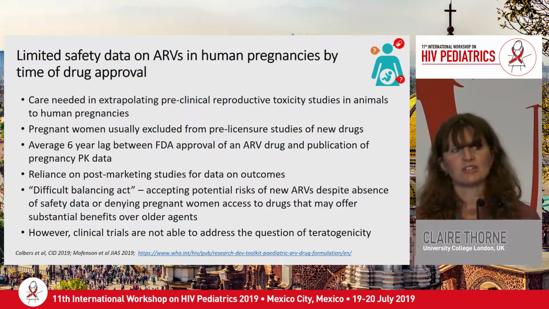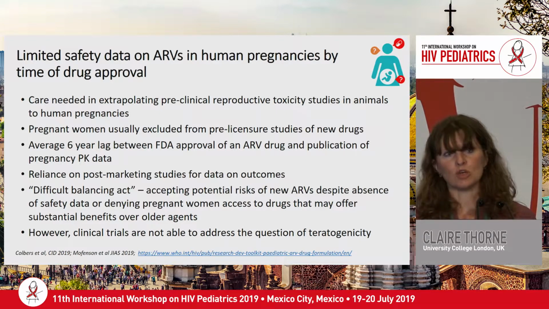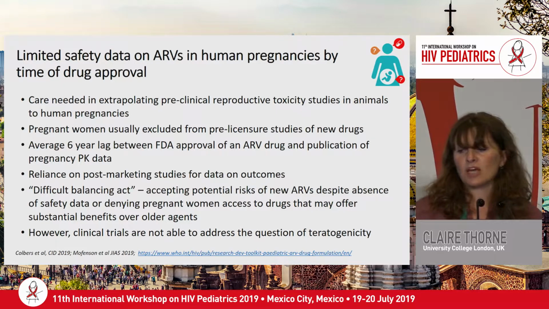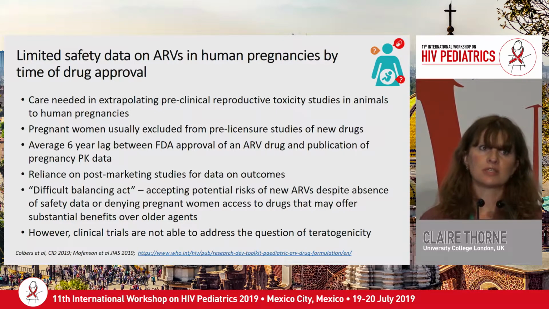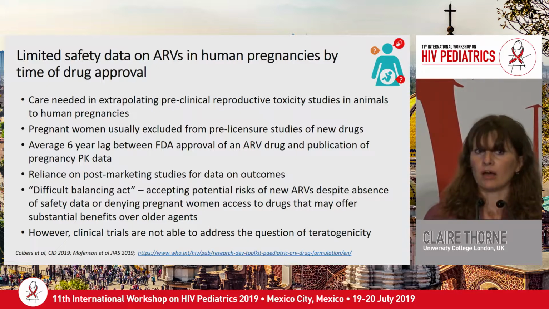This matters because we have limited safety data on ARVs in human pregnancy by the time of drug approval. In terms of the preclinical reproductive toxicity studies in animals, we need to be very careful in extrapolating data from these, because an absence of risk in the animal models doesn't preclude risk in humans.